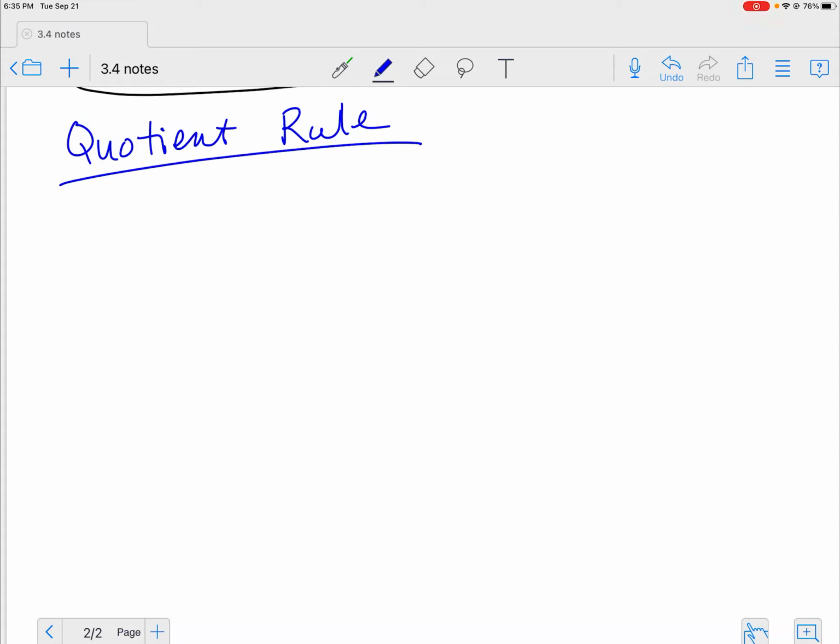All right, this section has both product rule and quotient rule in it, so let's talk quotient rule now.